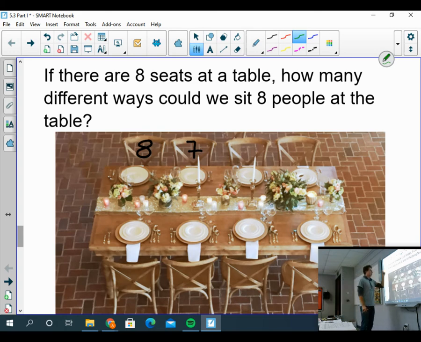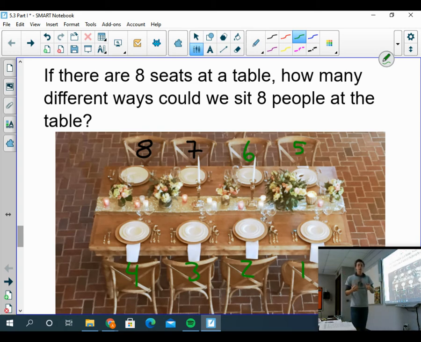If person number 1 sits in that seat, it's different than 2, then 3, then 4, then 5, then 6, then 7, then 8. There are 8 potential for that first, 7 for the second, 6 for that third seat, 5 for the fourth seat, and so on. What do we do with all these probabilities?